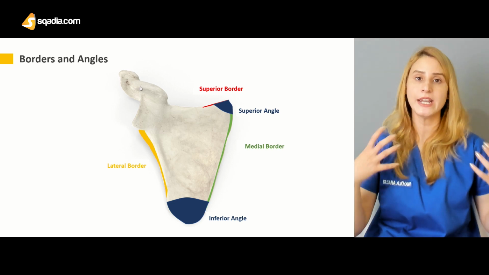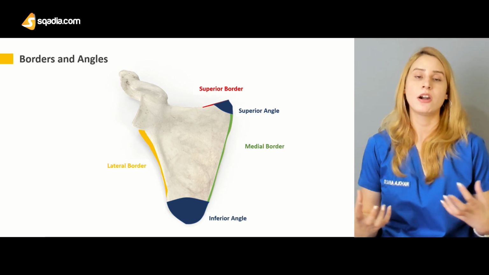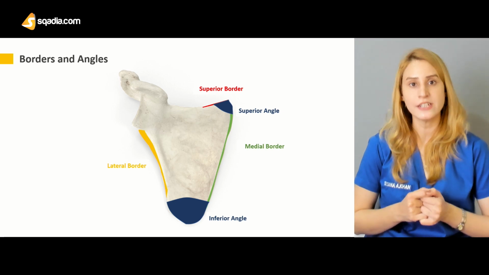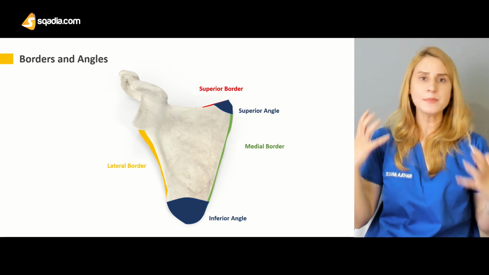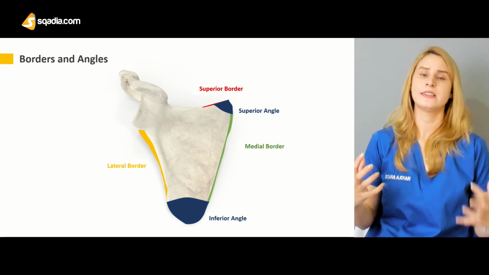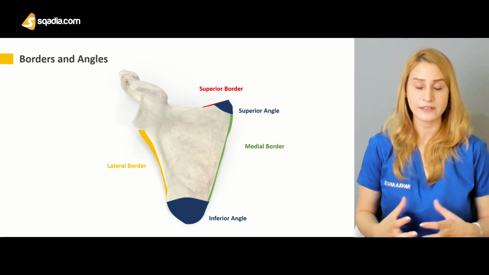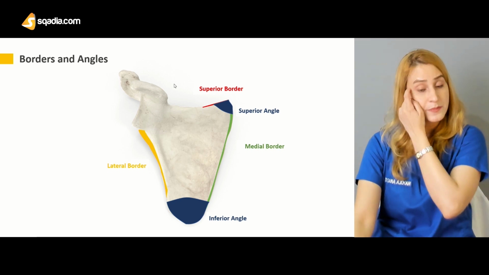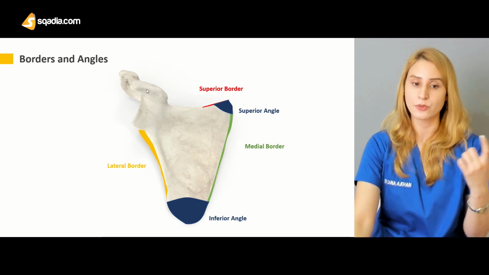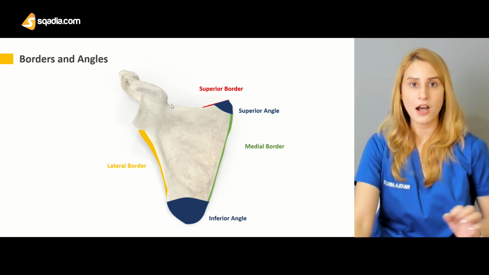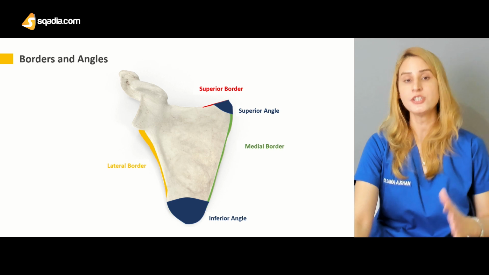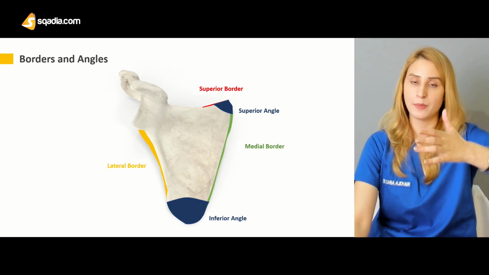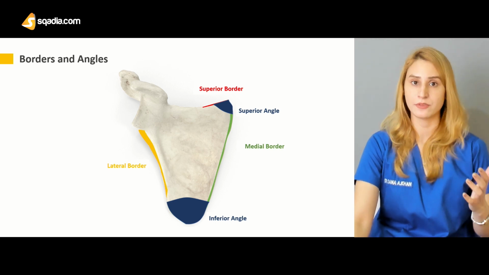So the coracoid and acromion make articulation with the clavicle, building a connection between the appendicular and the axial skeleton. And then just medial to the coracoid process, you have a notch called the suprascapular notch. That means it is located above the suprascapular fossa.